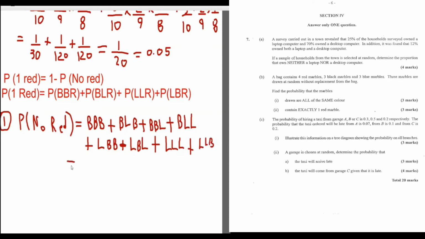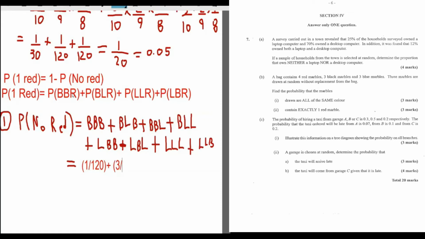So let's work it out. The probability of drawing black, black, black, we worked out up here already: 1 over 120. Then the probability of drawing black, then blue, then black. How many black are there? 3.